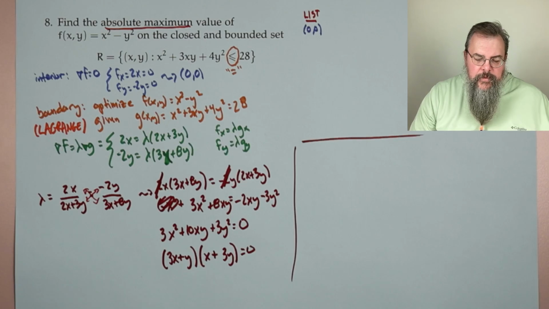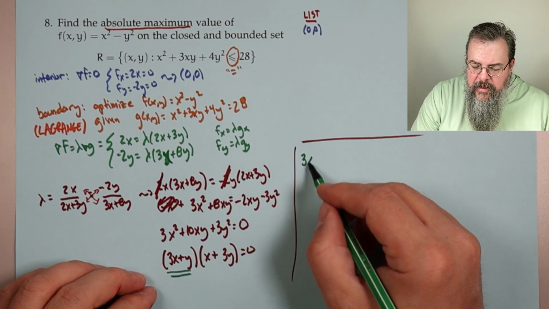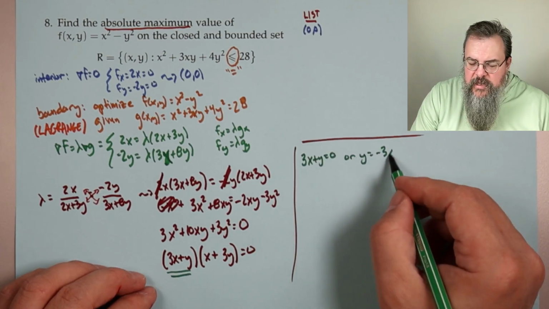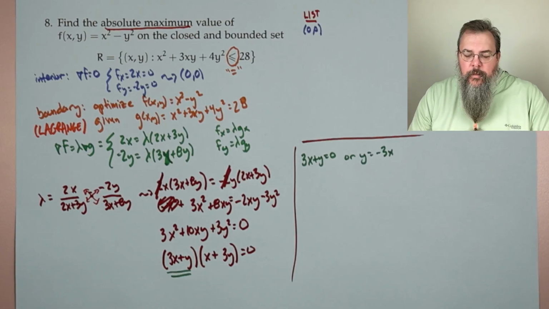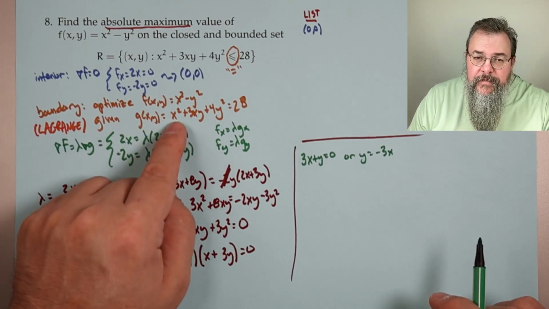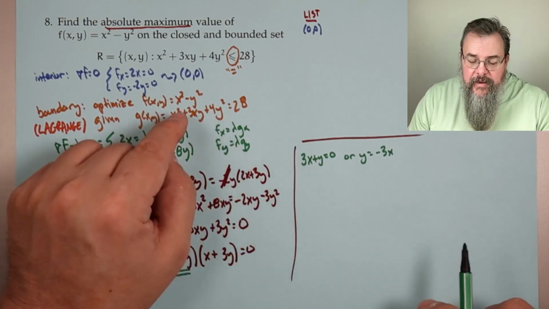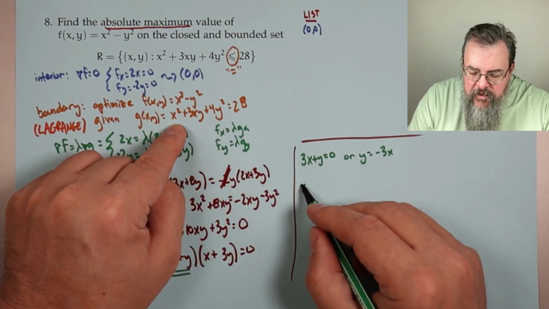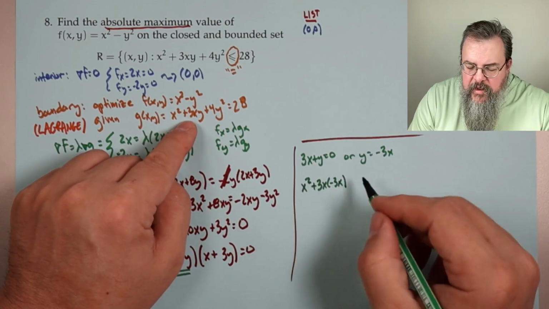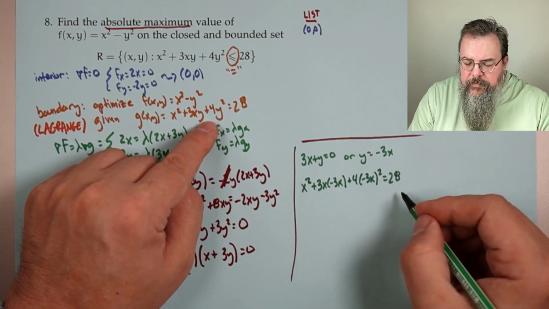We have 3x plus y equals 0. Let's start with that one. So that says y equals minus 3x. Now, we're going to take this relationship and go back to our constraint. Everywhere we currently see a y, we're going to put a minus 3x. So we have x squared plus 3x times minus 3x plus 4 times minus 3x quantity squared equals 28.